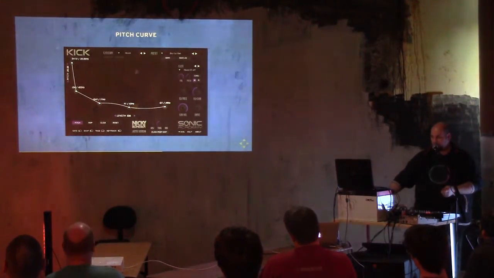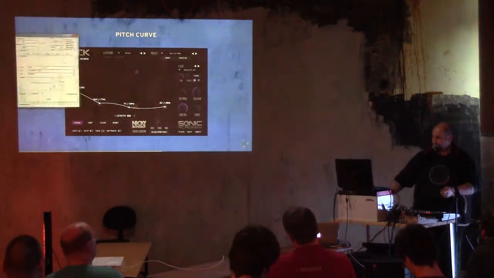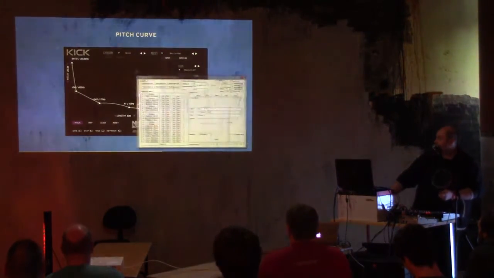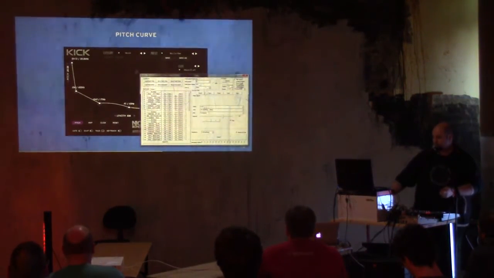Okay, so what you hear right now is the top of the stack from this kick being played. I'm going to show you what that looks like in the oscilloscope. Where is it? Here it is.